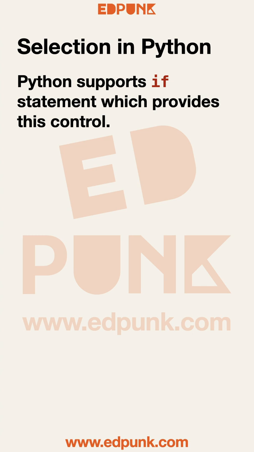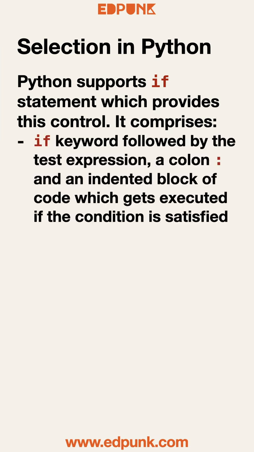Python supports the if compound statement, which provides this control. The if statement comprises the if keyword followed by the test expression, followed by a colon, and an indented block of code which gets executed if the condition is satisfied.